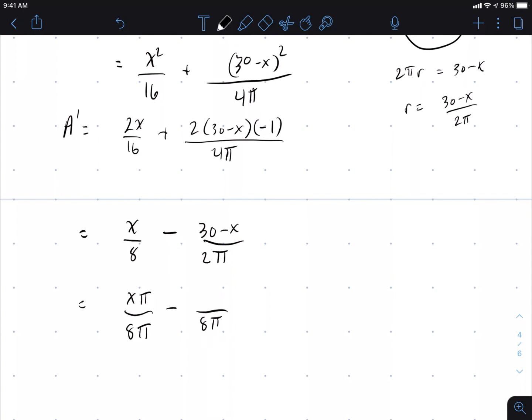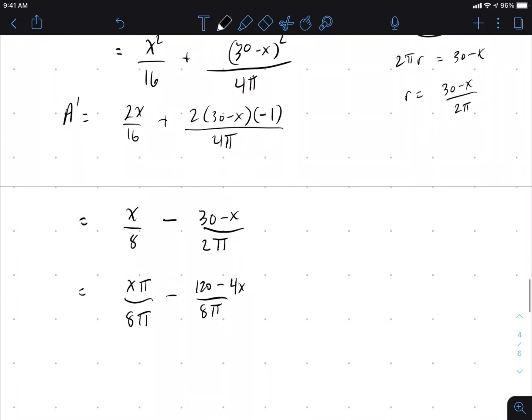So I'm going to get 120 minus 4x. Does everyone agree with that? And then it's the numerator that matters for us. So I'm going to get x pi minus 120 plus 4x. We're going to see when that's equal to 0. Correct?